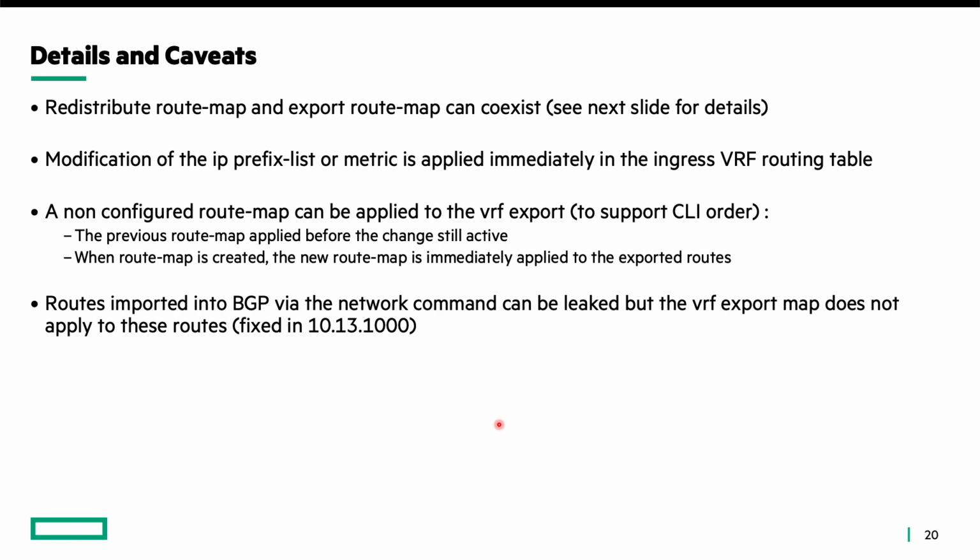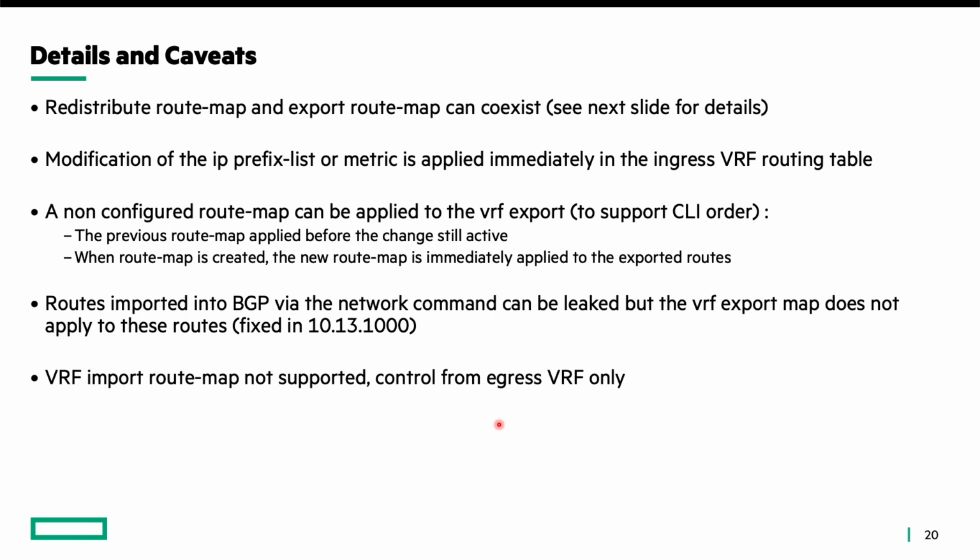If the route is known in the RIB and you apply this network command, it will be imported into the BGP tables. But for these routes, they will not be controlled by the route map. So be careful until 10.13.1000.